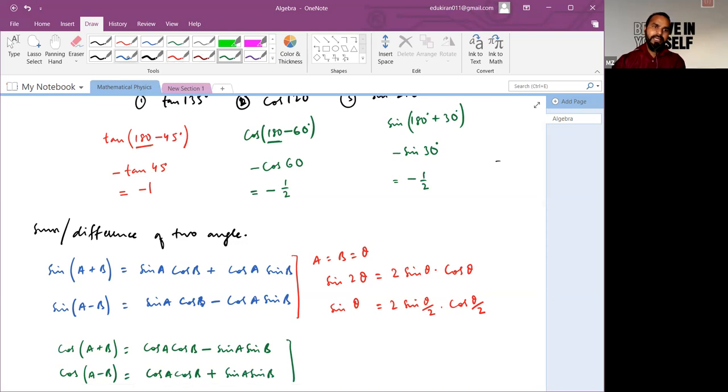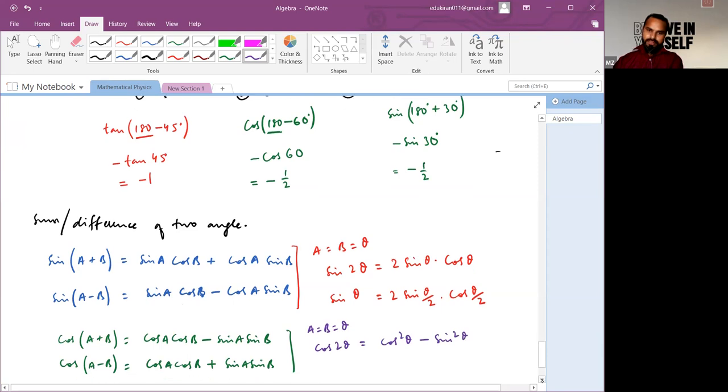Now, if A and B are equal, if A is equal to B is equal to theta, then from this part we can write cos of 2 theta, which is equal to cos square theta minus sine square theta.